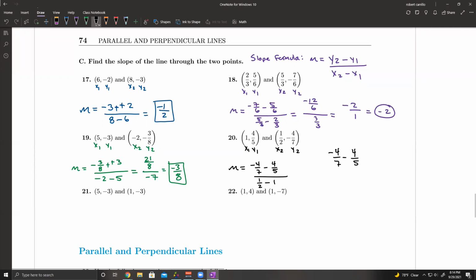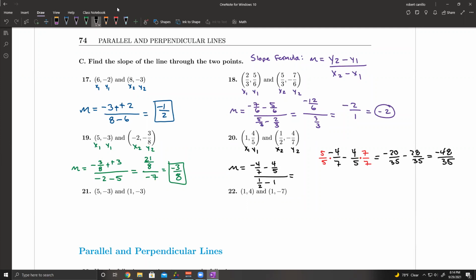What is the common denominator between 7 and 5? 35. So we multiply this fraction by 7 over 7, this fraction by 5 over 5, and we get negative 20 over 35 minus 28 over 35, giving me negative 48 over 35.